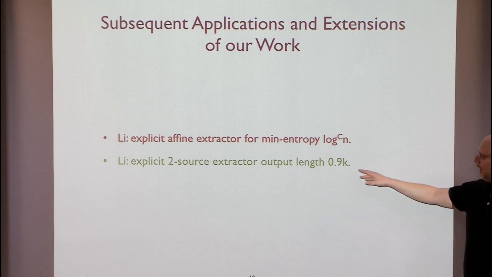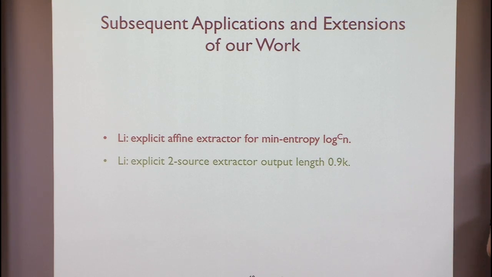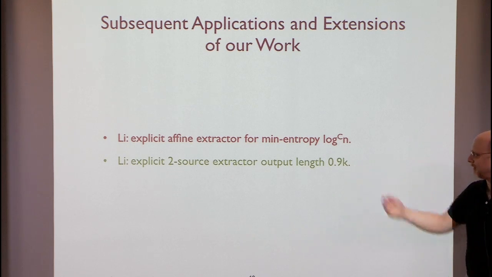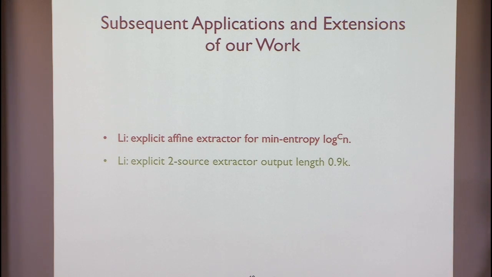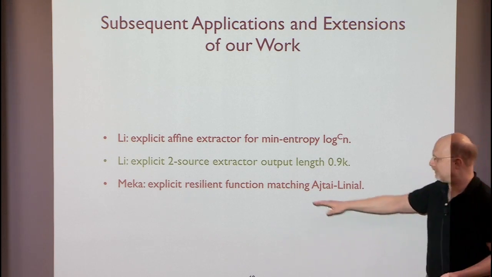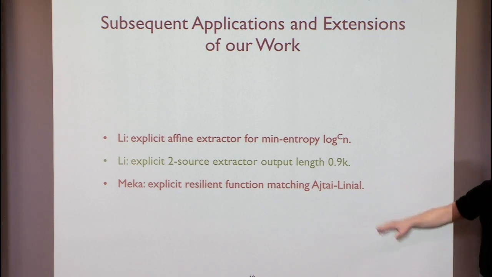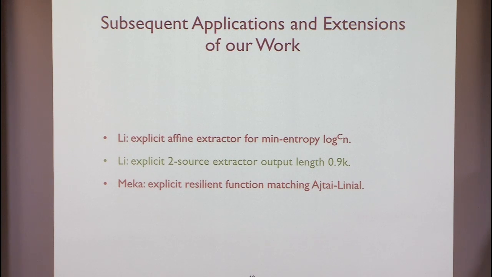Lee also showed how to build on our work to get a larger output length, like 0.9 times the entropy. And Raghu gave an explicit resilient function that matches the Ajtai-Linial bound. This also helps improve the constant in our polylogarithmic bound. We had like 74, and he has like 10 if you want constant error, or 18 for polynomially small error.